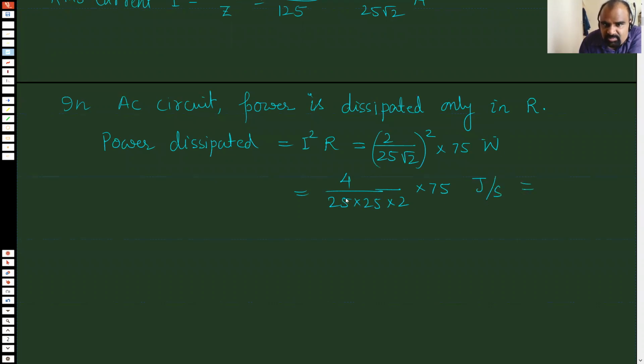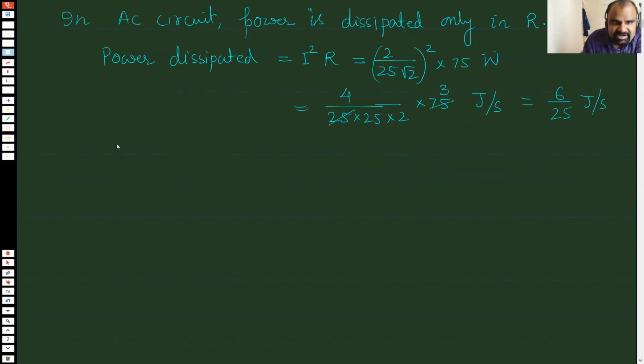Watt can be written as joule per second also. So you can cancel this with this, and this with this. So you get 6 by 25 joule per second. Am I correct? Or is there any mistake? It seems to be correct. So this is power dissipated, and that's why we have per second.